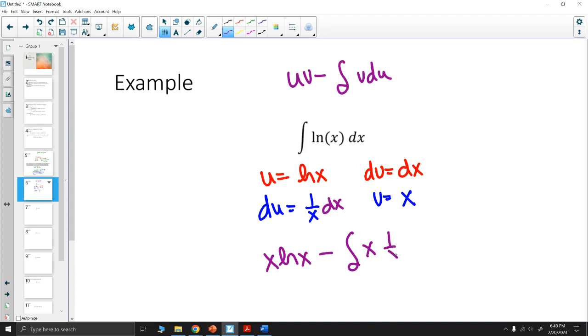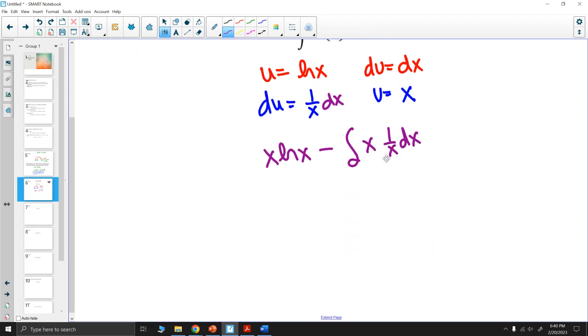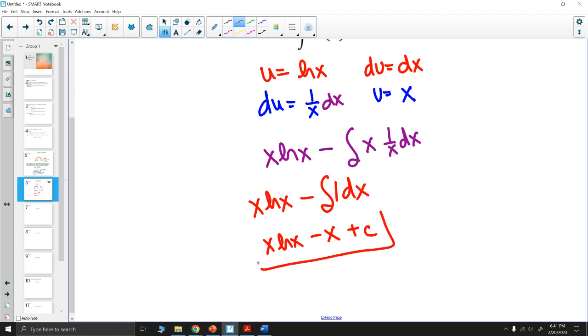So that's 1 over x dx. Okay, now, if we think about this, x times 1 over x is just going to be 1. So that's x ln x minus the integral of 1 dx. So the integral of 1 is x. That gives x ln x minus x plus c. So that is our function.